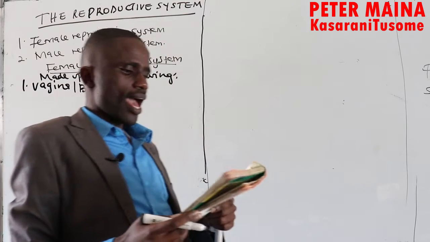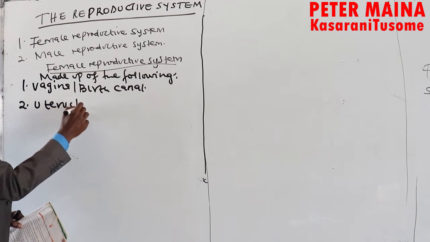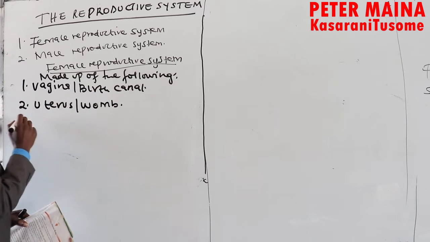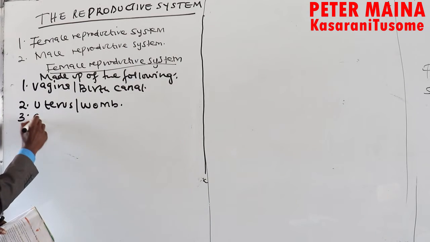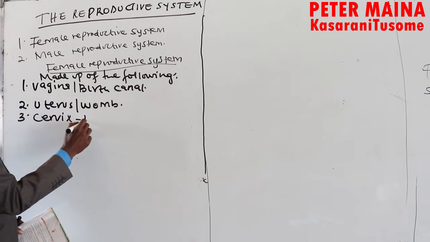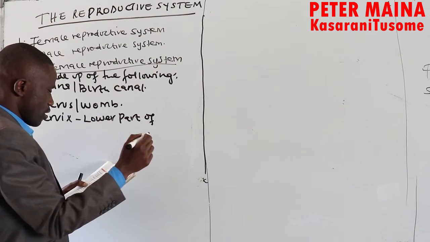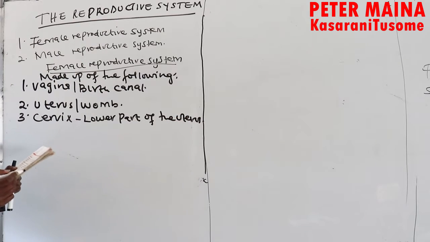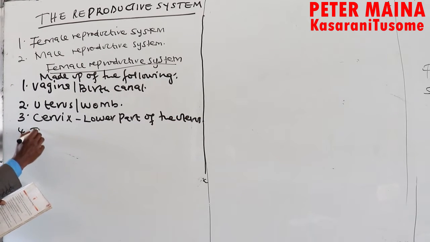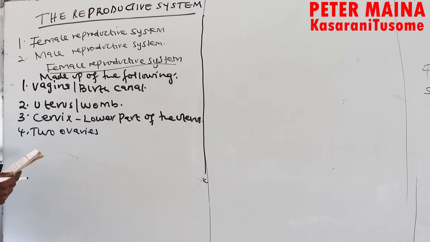The second, we have the uterus, also called the womb. Third, we have the cervix, and the cervix is the lower part of the uterus. Number 4, we have two ovaries.